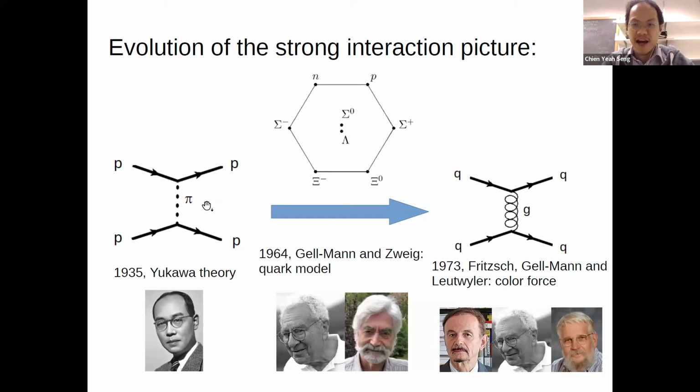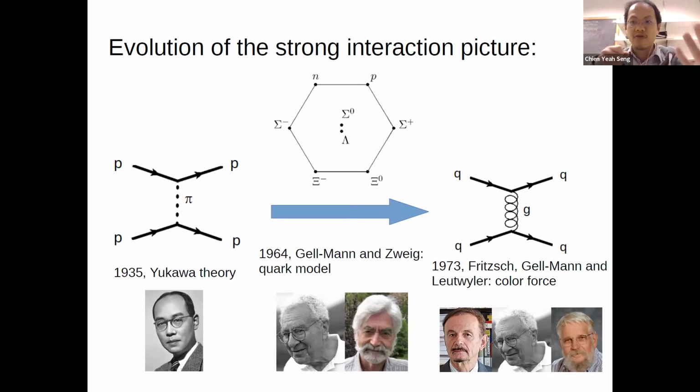In 1935, Yukawa proposed that the proton and neutron interact by exchange of a pion. Then a few decades after that, Gell-Mann and Zweig, by observing the hadron spectrum, found a pattern, namely that several hadrons group into families with similar properties.